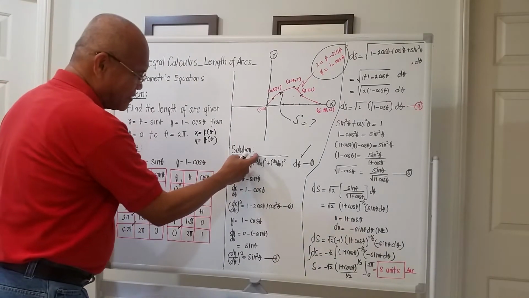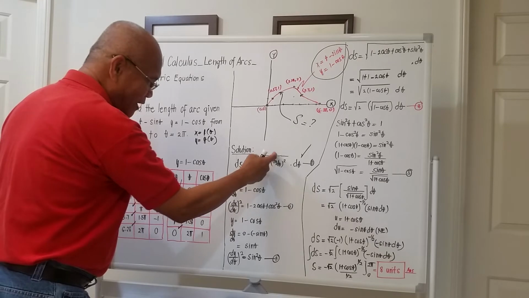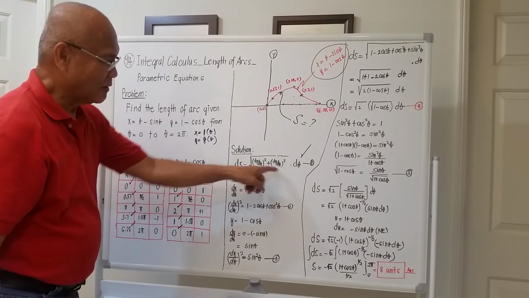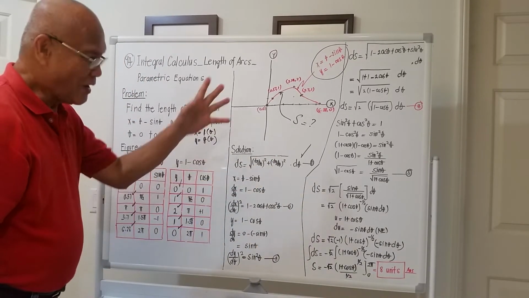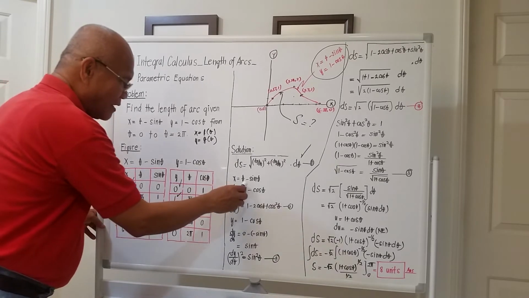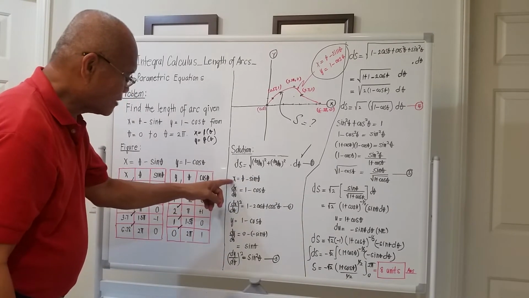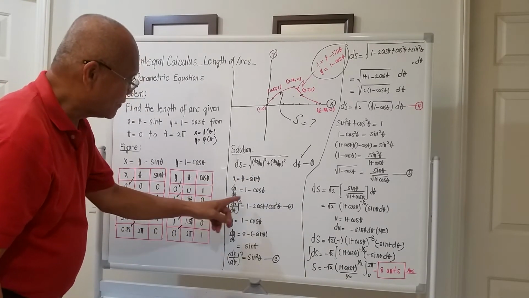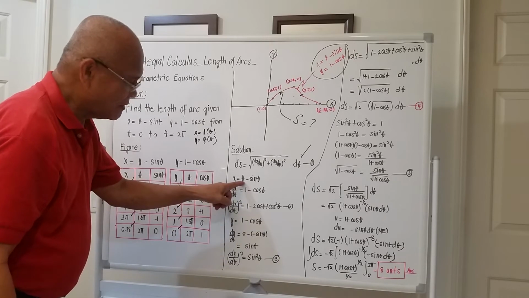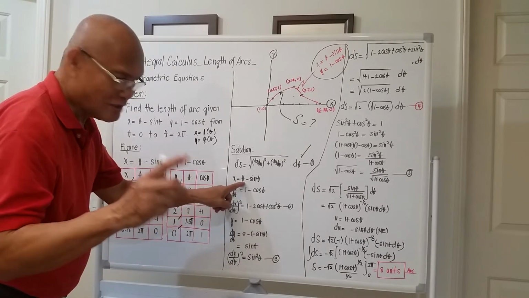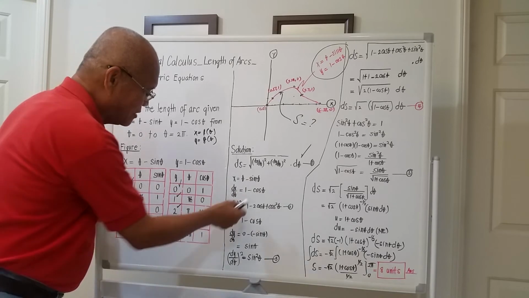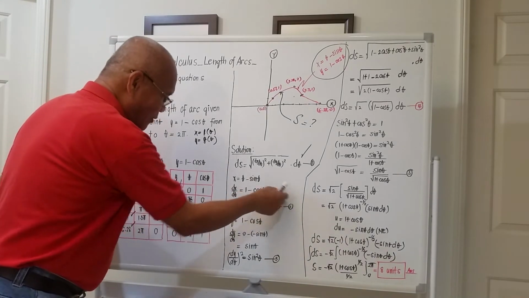First one is dx over d theta, dy over d theta, square value. We are given x and y, so x will be theta minus sine of theta, dx over d theta will be 1. The differential of theta is just 1 with respect to itself. So this is 1 minus cosine of theta.